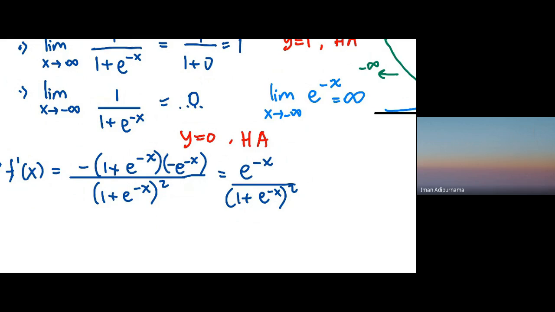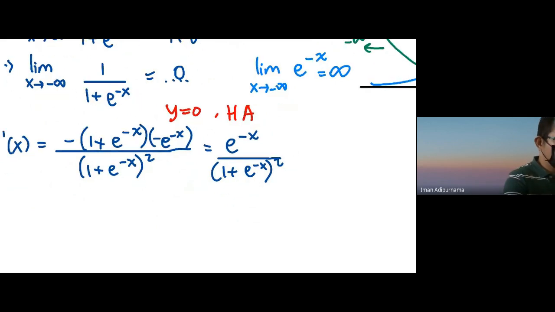Check 1, it's 1 over e. It's still positive. Check negative 1, also positive. Check 2, check 3, all positive. So this whole thing here is positive. Get it? Okay. So this is always positive.